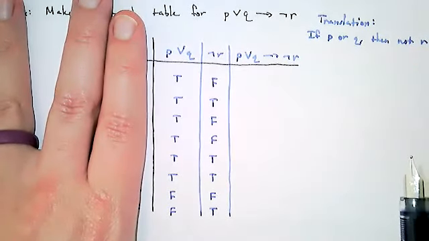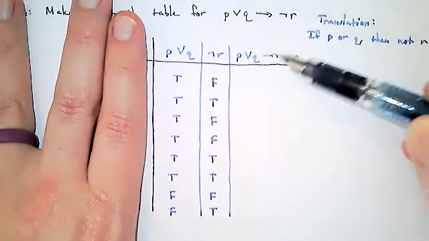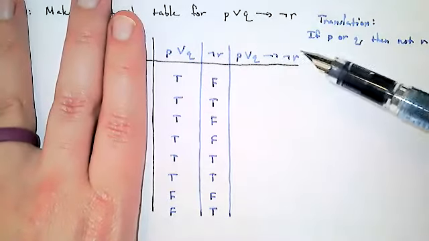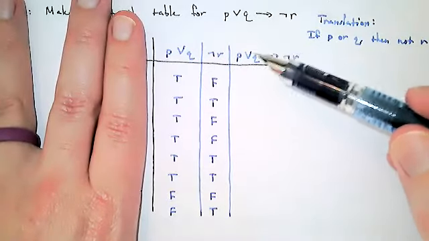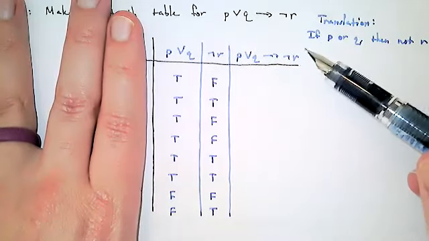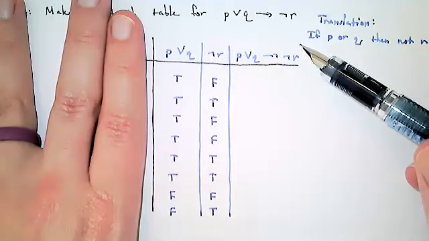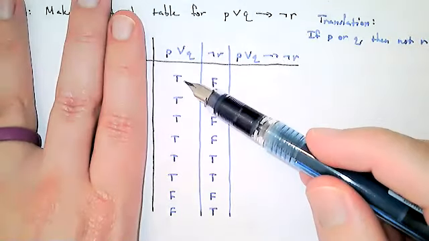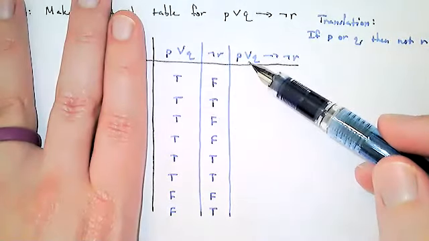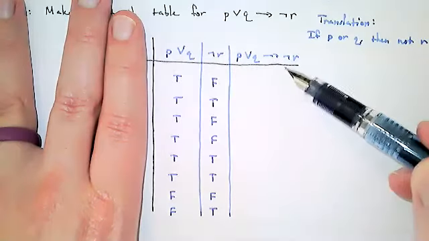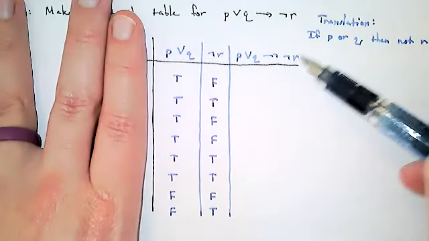We can totally ignore this. When is the conditional statement false? It's when the left side was true and the right side is false. So everything else is going to be true, except like this first row where the hypothesis is true, but the conclusion, not R, is false.